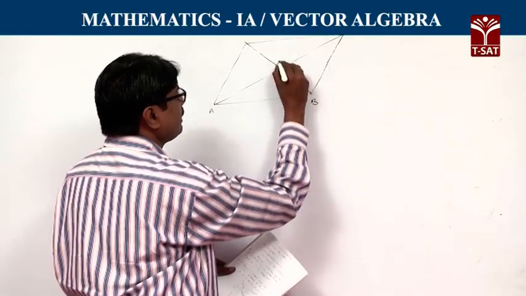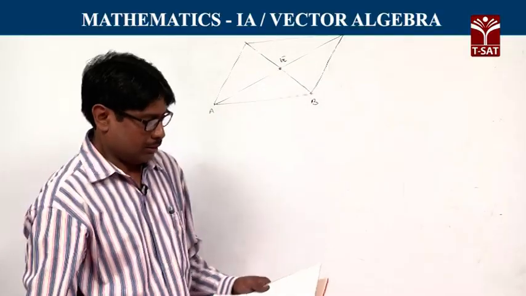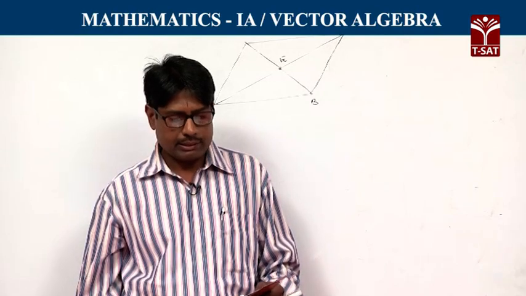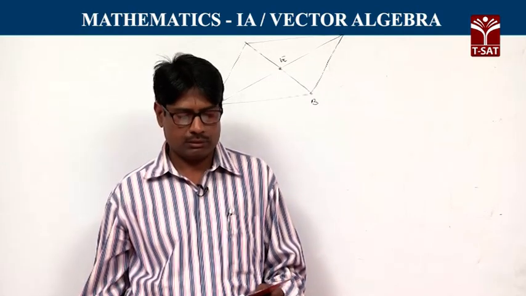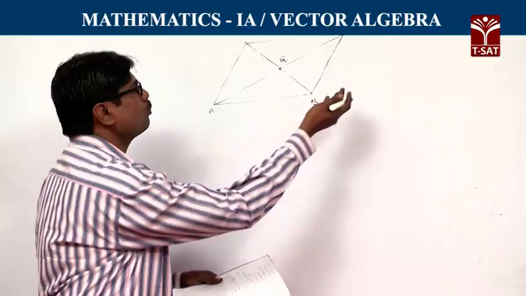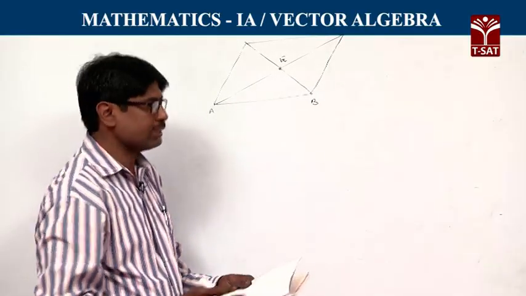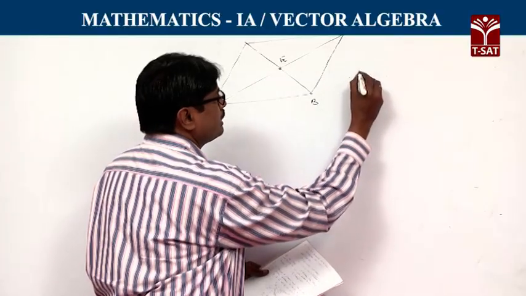They intersect at E. O is the origin in the reference. So you may take O outside, inside, or on the parallelogram. O is the origin somewhere.